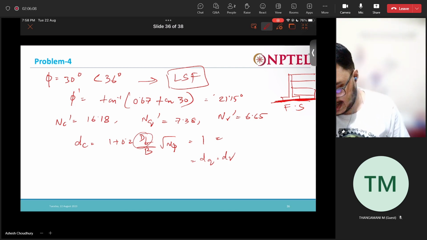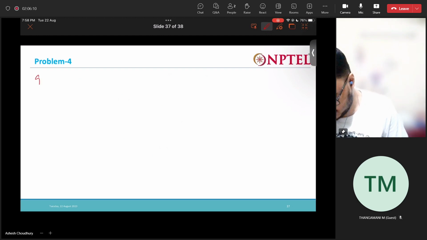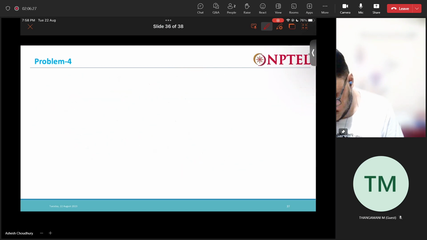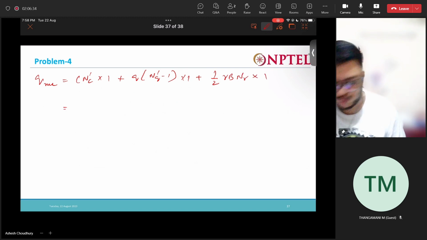Now let us calculate the net ultimate bearing capacity. Every shape and depth factor is 1. So c Nc plus q (Nq minus 1) plus half gamma B N gamma. No water table also, so we can relax. What is c? c is 20 into Nc, 16.18.